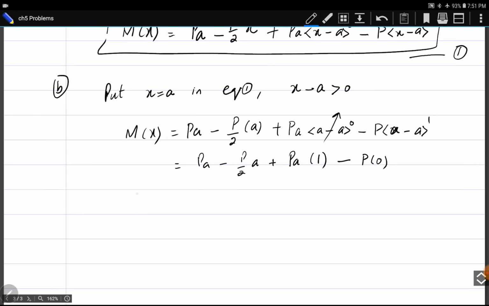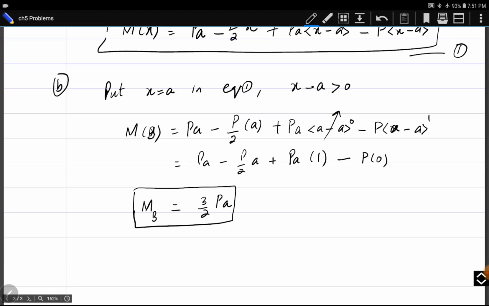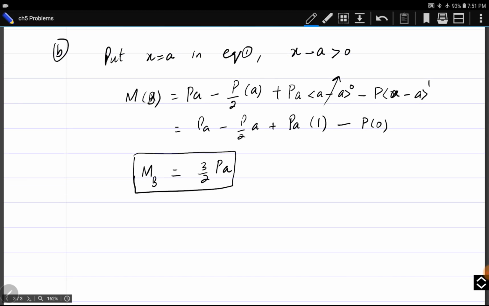After simplifying this expression, moment at point B will be 3 by 2 Pa. Okay, so moment at point B has been calculated.